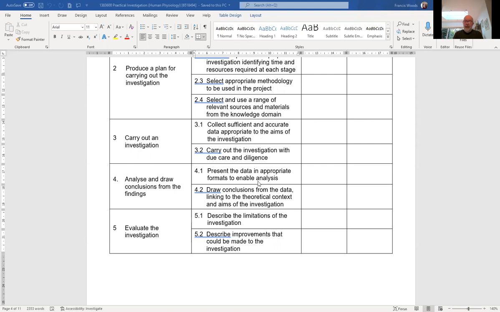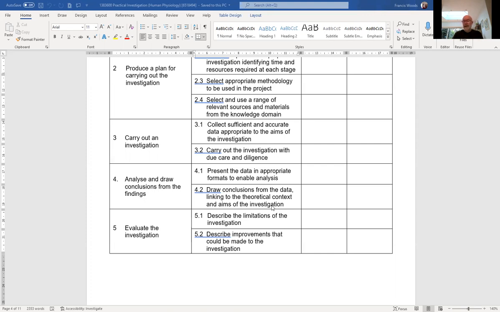So we've now done enough to fit the theoretical context and the aim of the investigation, which was, does the concentration of hydrogen peroxide affect the rate of reaction? You can say it does. It fits the theoretical context. It fits the aim that this variable will affect the actual rate of reaction. So you've proved your aim.